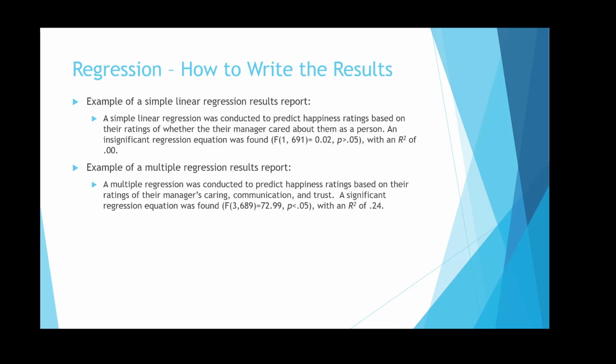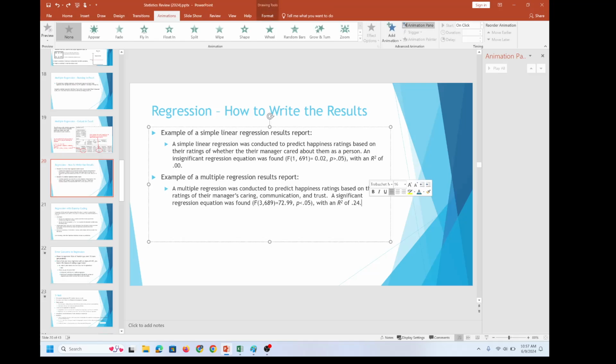So I would add something like, communication and trust were uniquely significant predictors based on t tests, and you can put p is less than 0.05.